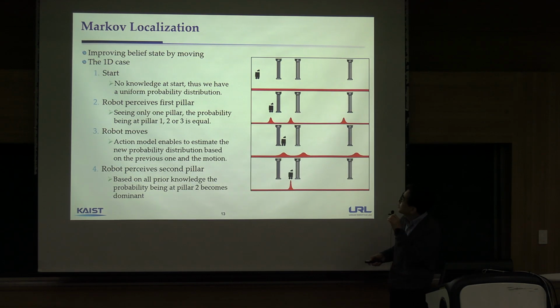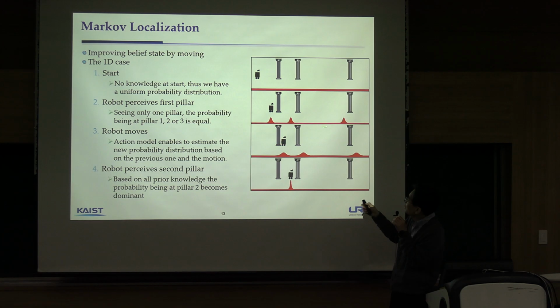This is another example. The robot starts from here and there are three pillars, and the red one indicates the probability of the robot being here. At first it is a flat distribution, so we don't know which location the robot is at. Then the robot proceeds to the right and observes the first pillar.